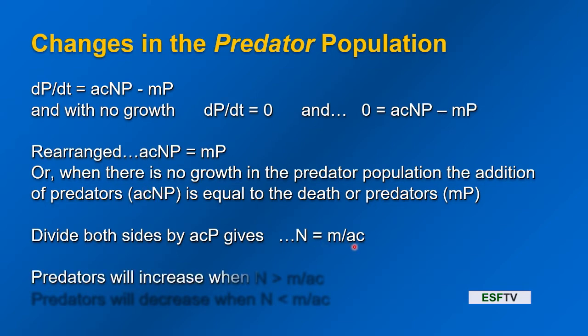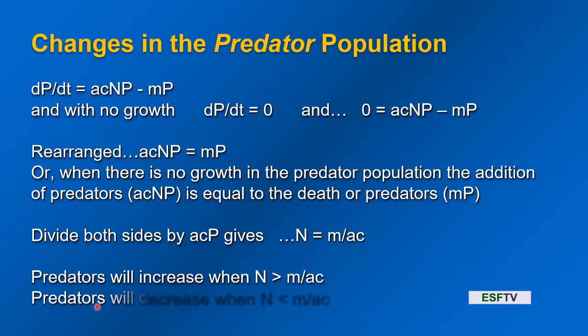And back to these kinds of manipulations, the predators will increase when the population of prey is greater than the predator mortality and ability to convert those prey into more predators. So that's when you'll get an increase in the predators, is when you have more prey than the mortality, and therefore the predators go up.